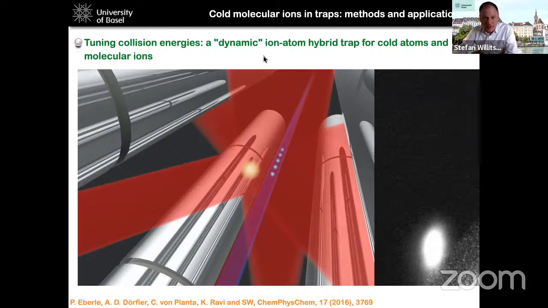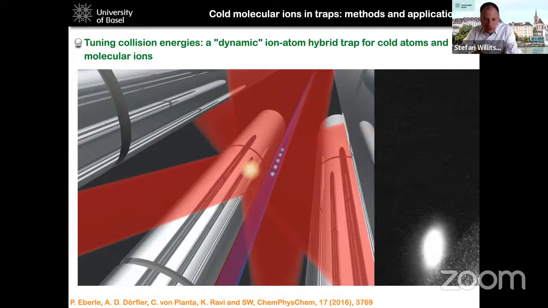And what we came up with is what we call a dynamic ion-atom hybrid trap, where we did not overlap the MOT with the ions in the center directly, but we produced the MOT off-site from the ions, and then we used a laser beam to exert radiation pressure on the ultra-cold atom cloud to push them through the ions and recapture the atoms on the other side.